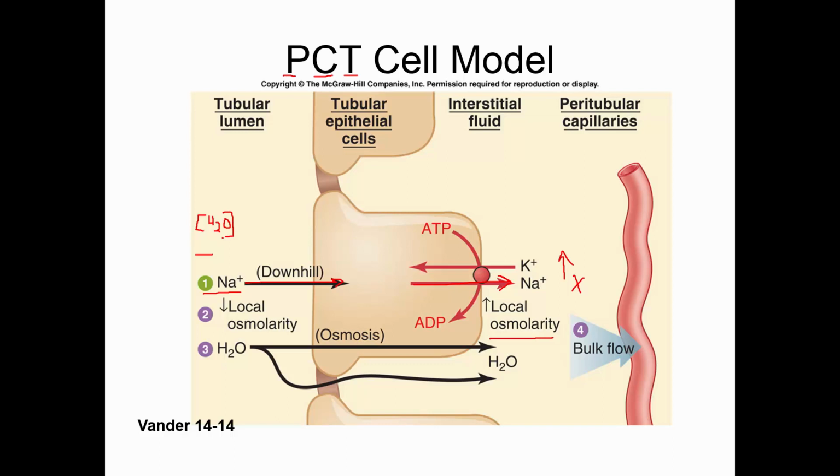And what is osmosis? Osmosis is the diffusion of water through a semi-permeable membrane along a water concentration gradient. So water enters the cells. Now notice it can go through the cell. So here's water crossing the luminal side of the membrane. Here's water crossing the basolateral side of the membrane. What is going to be required here for this?